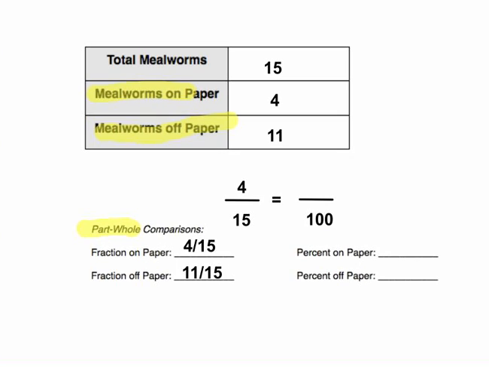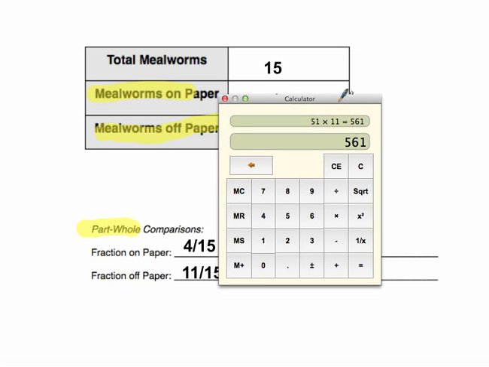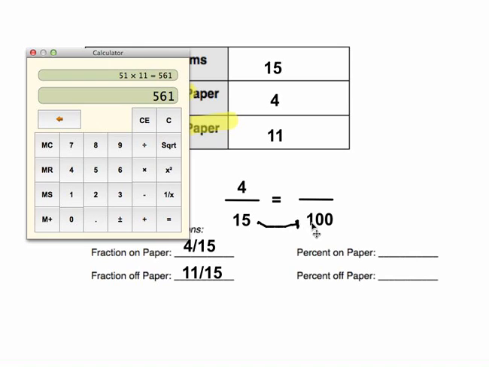And of course, 15 doesn't go perfectly into 100, but I'm going to use a calculator in this case to show you what we need to multiply 15 by, thinking about it as 100 divided by 15. And so that's 6.667.